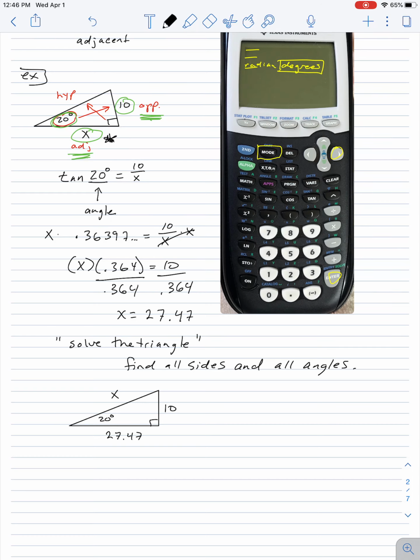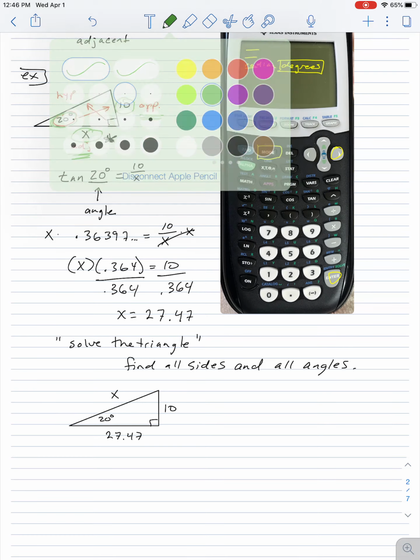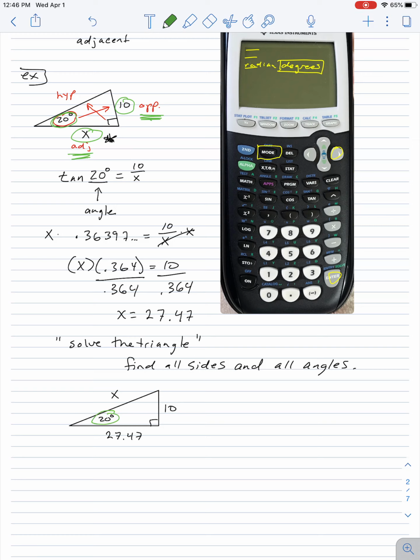So this time when I circle what I have and what I want, I have the 20, and you can choose the 10 or the 27. I'm going to use 10 just so I don't have to deal with rounding, and I want this side. So what I'm looking for now is the trig function that uses hypotenuse and opposite.